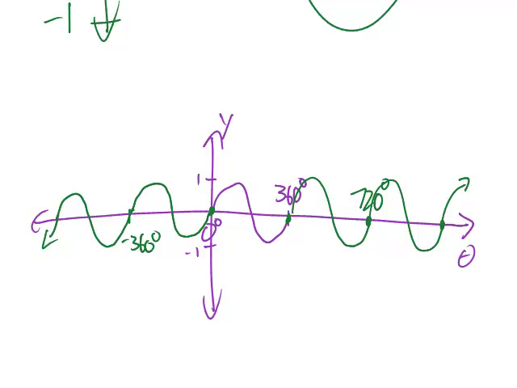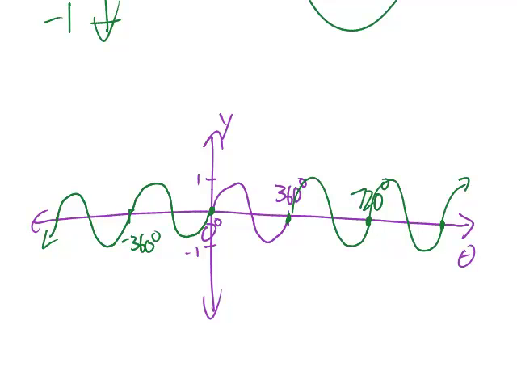And what we really need is that one purple piece in the middle, and once we have that, we can just copy paste it, right? To the left and to the right, and it's the same thing. We draw it once, we copy it for the other ones. That's one reason why we just look at 0 to 360 most of the time, because if I have another angle like 2552 degrees or whatever it is, I find a coterminal angle of it by subtracting 360 enough times, and poof, I find its sine.